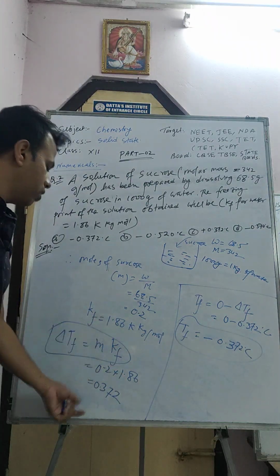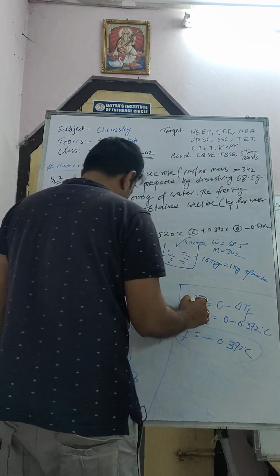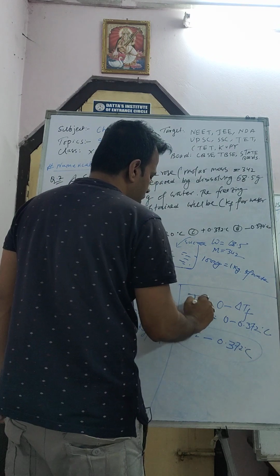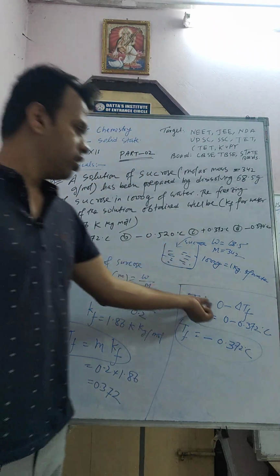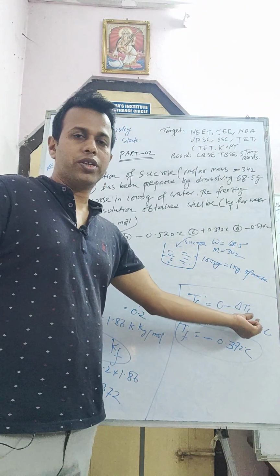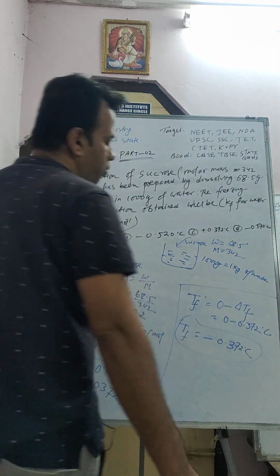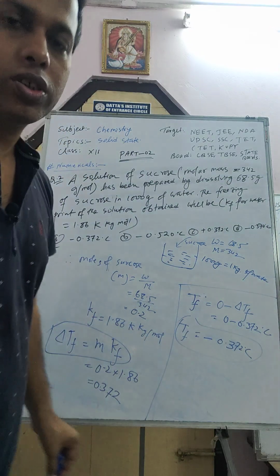So I put in these values and this came. Therefore Tf, the freezing point, will be 0 minus the change, the actual minus change, which will be minus 0.372 degrees C. So this is the answer.